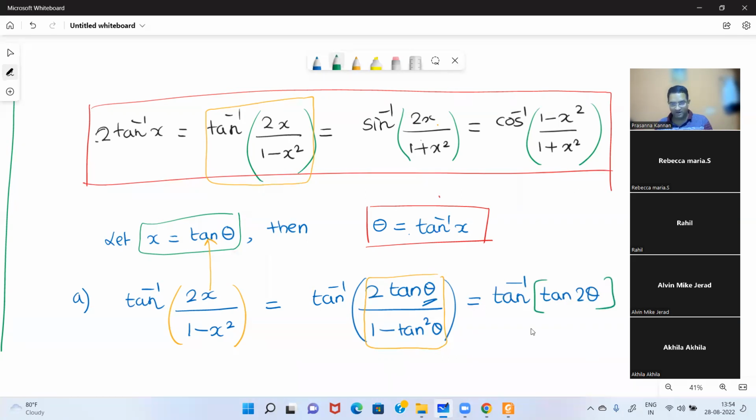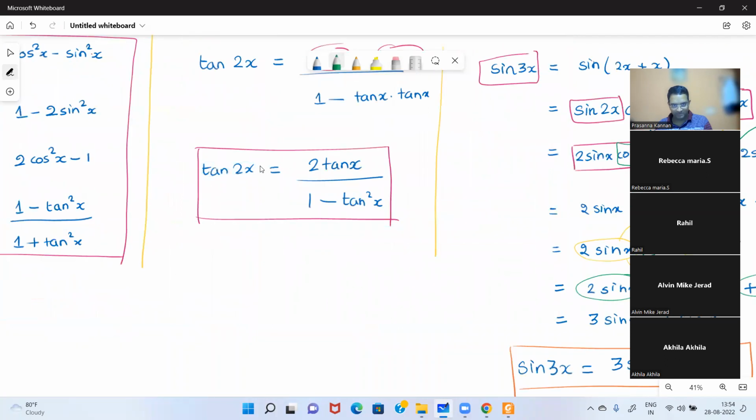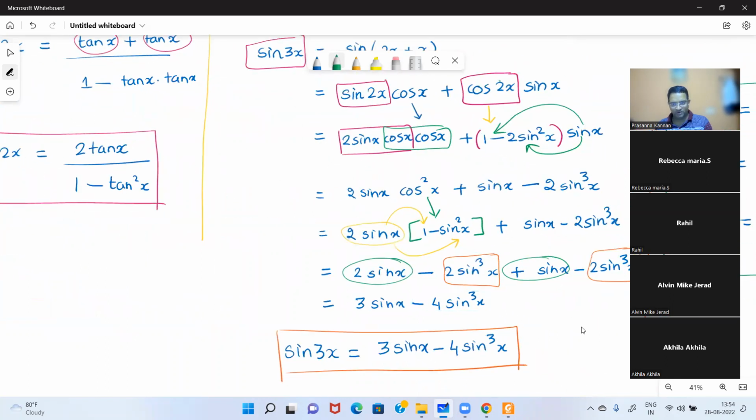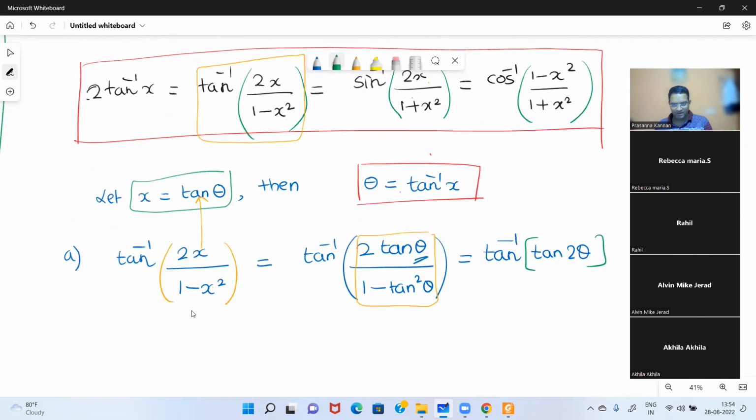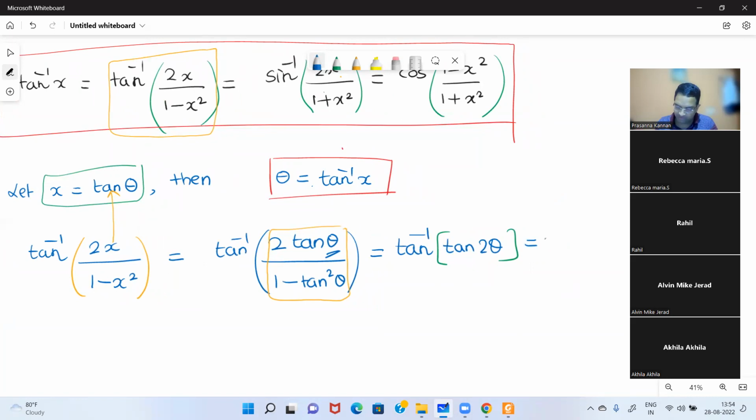Are you able to relate to what we derived? What is tan 2x? 2 tan x by 1 minus tan square x. Exactly. So that's what we are using here. Here we have 2 tan theta by 1 minus tan square theta, that is nothing but tan 2 theta. And tan inverse of tan 2 theta? Inverse functions cancel each other, so it will be 2 theta.